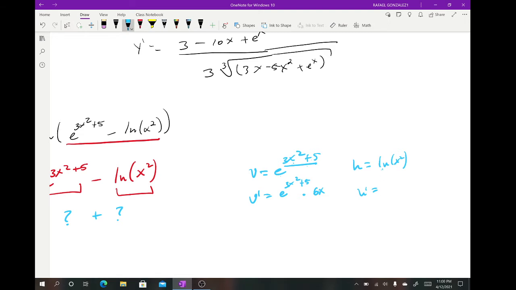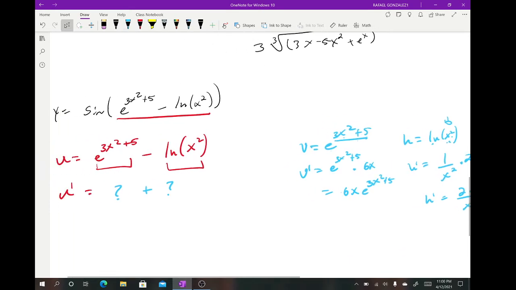And the derivative of ln of x squared, remember the derivative of ln of u is 1 over u times u prime, meaning it's 1 over x squared times the derivative of x squared, which is 2x. So now we have that v prime is 6x e to the 3x squared plus 5, and h prime is equal to 2x over x squared.